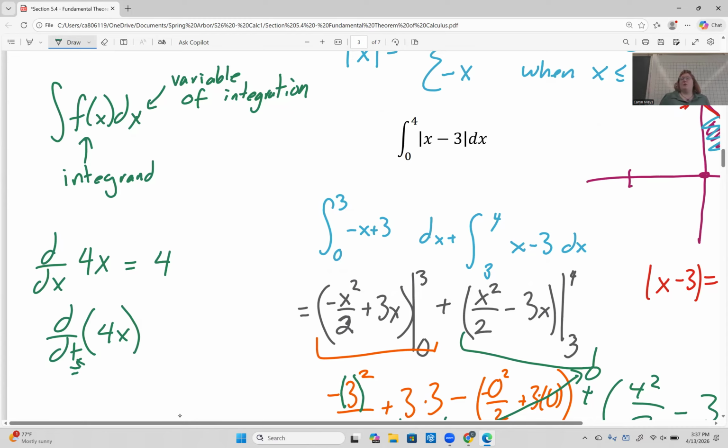And so that was what we used in related rates. We took the derivative as normal, and then multiplied by a dx dt. That same thing is happening.